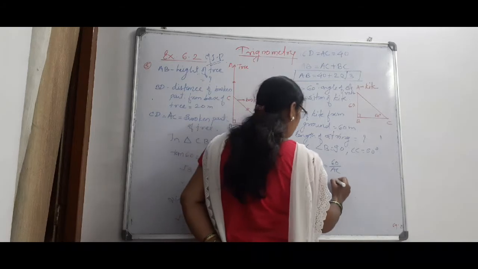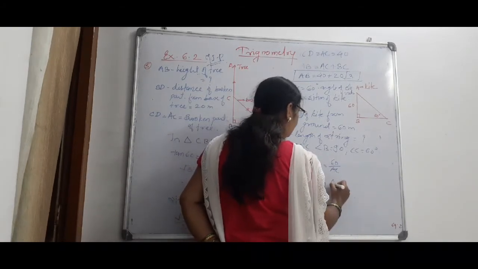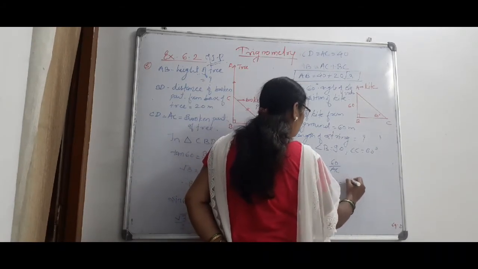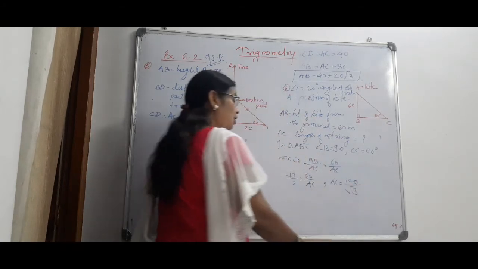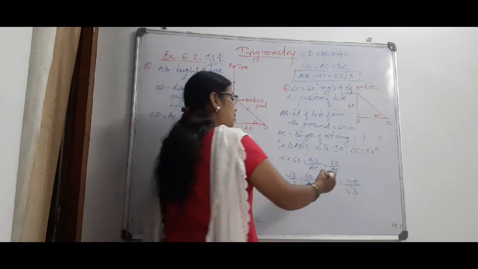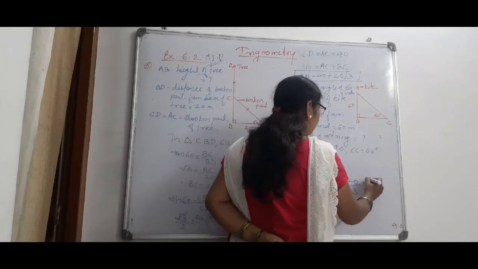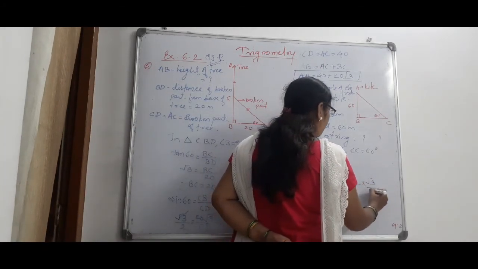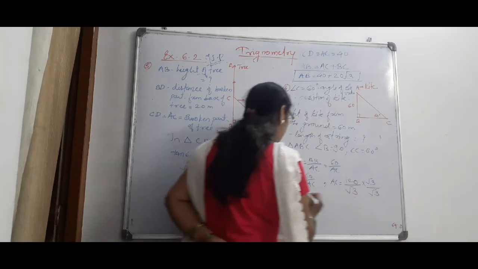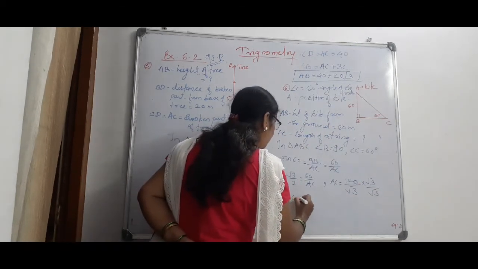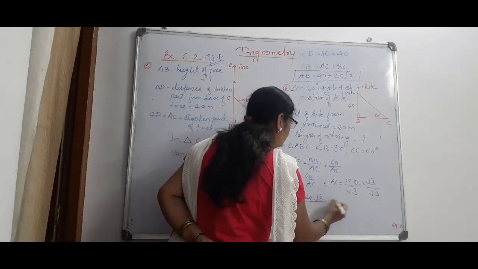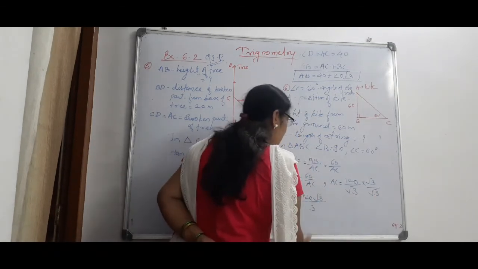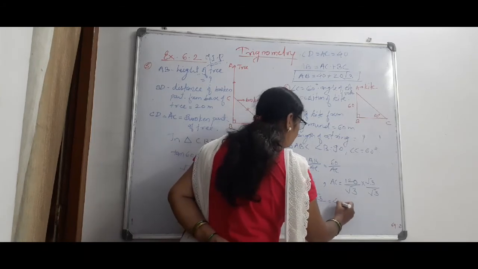AC is equal to 120 upon √3. Now here you have to rationalize the denominator, multiplied by √3 and divide by √3. What you get? AC is equal to 120 √3 upon 3, and then you get 40 √3.